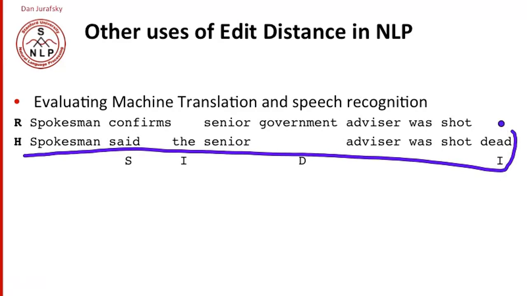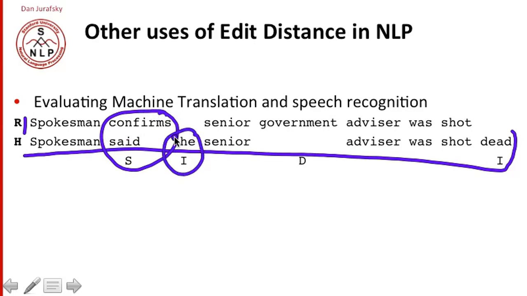And some human expert translator said it should have been "spokesman confirmed senior government advisor was shot." We can measure the difference between these two by saying how many words changed. "Confirms" was substituted with "said." Words that were inserted: "the," and the words "and dead." And words that were deleted: "government." So this is a way of measuring how good our machine translation is by comparing it to humans.